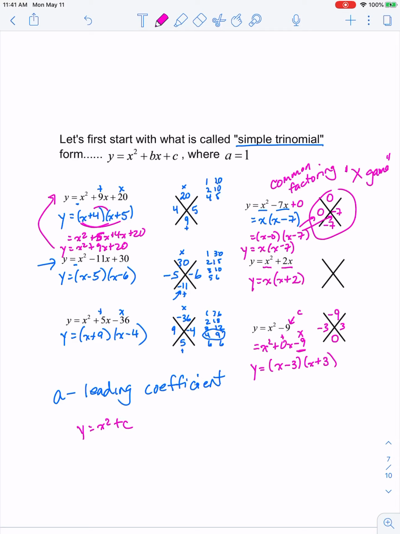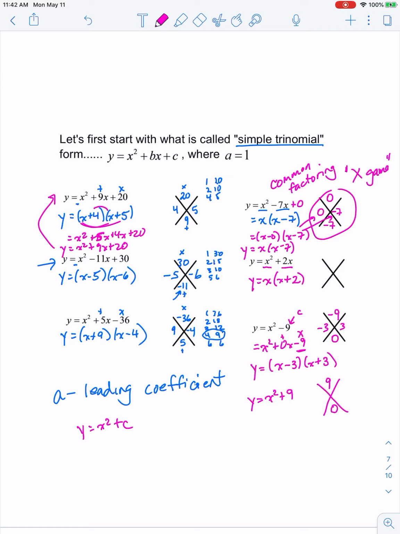What if we had something like this, y equals x squared plus 9? Then when you go to play the x game, they have to multiply to give you positive 9 and add to give you 0. How could that happen? How could two numbers multiply to give you a positive? Either both are positive or both are negative, but they have to add to give you 0.